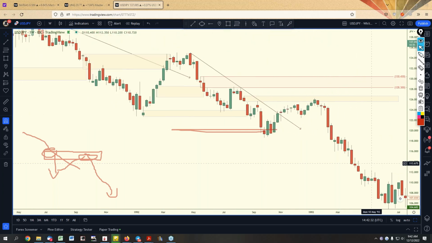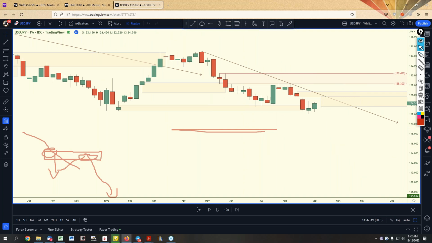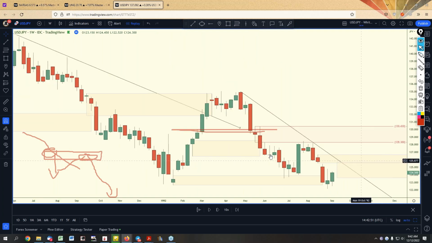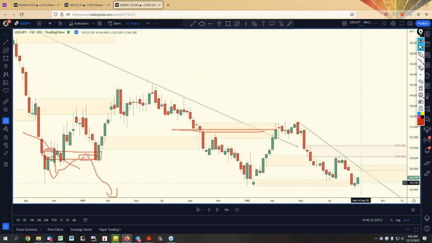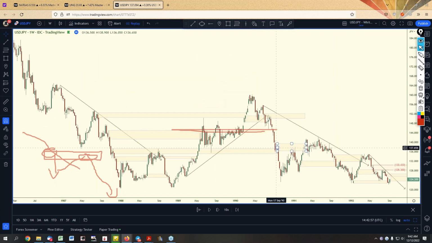Okay. So when we come to the weekly chart, look, there was a supply here. This supply was breaking price to new lows. Right here. Price breaks to new lows.